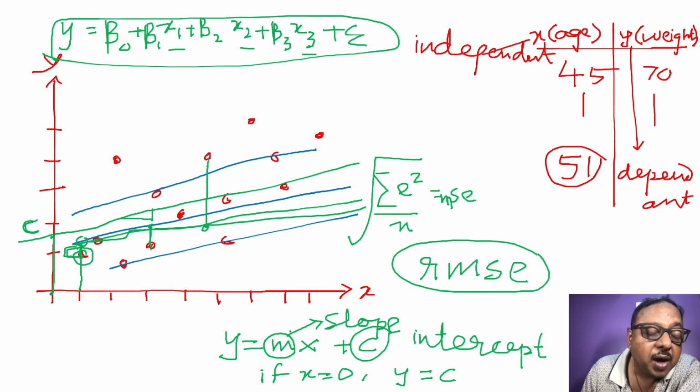So the problem in linear regression is that for a given set of variables, that is x1, x2, x3 up to xn, I need to find these betas, beta 0, beta 1, beta 2, beta 3, etc., so that I have an equation based on which, given the values of the independent variables, I am able to get the value of the dependent variable y.